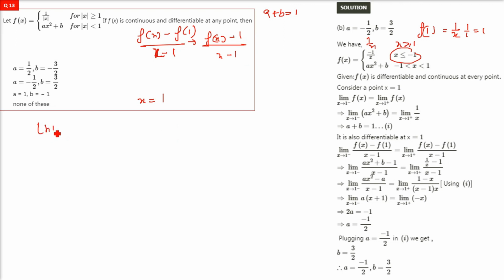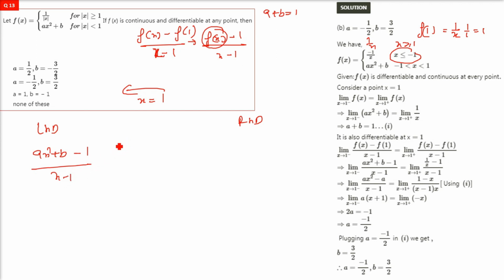So we'll go to the left hand derivative and the right hand derivative. We have used f(x) on the left hand side as ax square plus b, and we are going to use that here also. On the right we have used f(x) as 1 by x, and we are going to use it here also. So I hope you got the idea. LHD and RHD: on the left of 1, f(x) becomes ax square plus b, minus 1 was already there, divided by x minus 1.